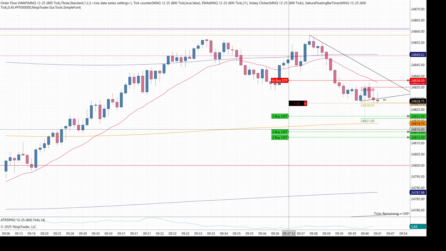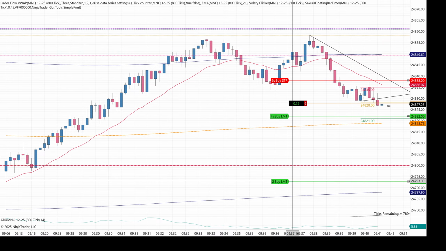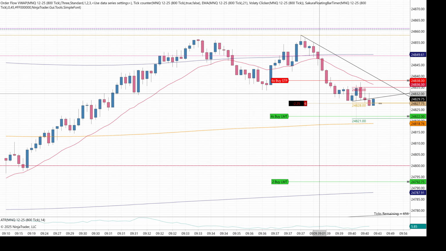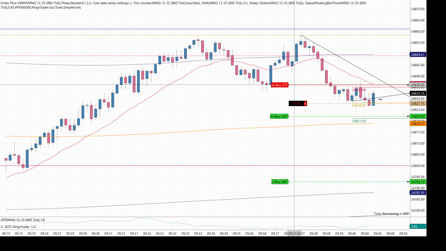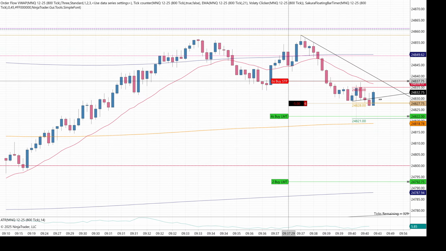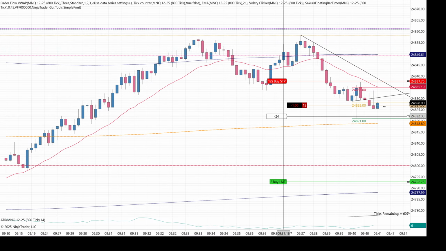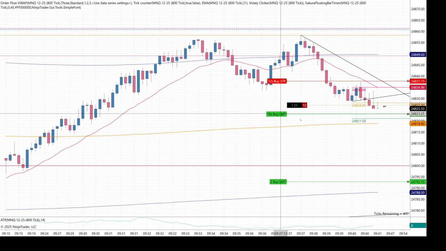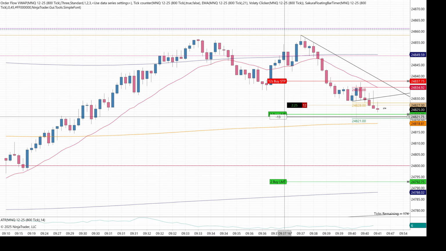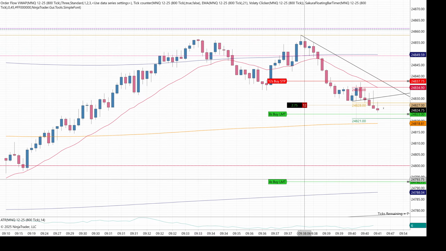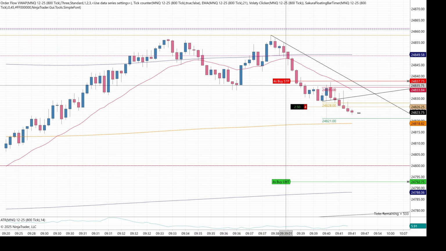Okay. Stop loss is like right there though, but I'll probably move it a little bit higher. Add there, and decrease, add into the runner here.